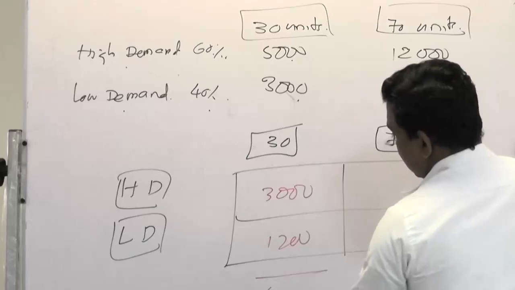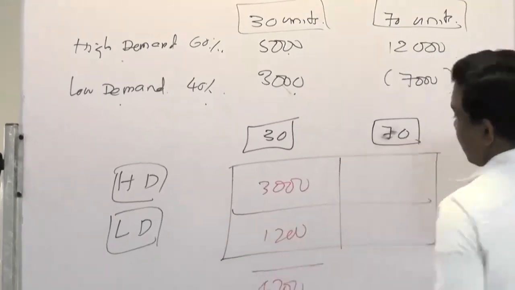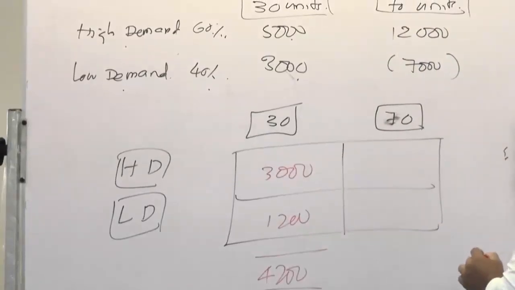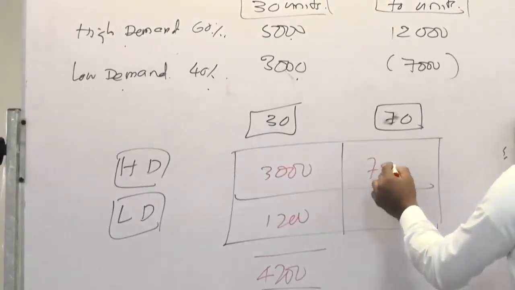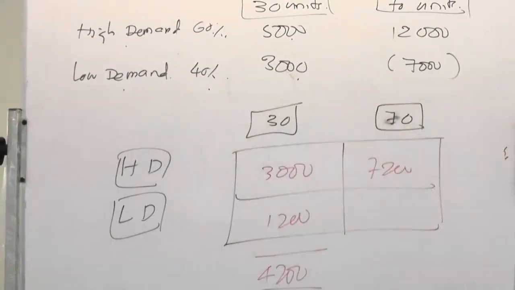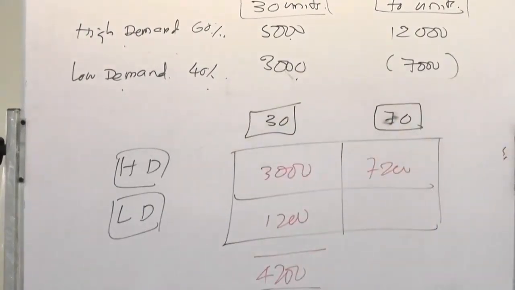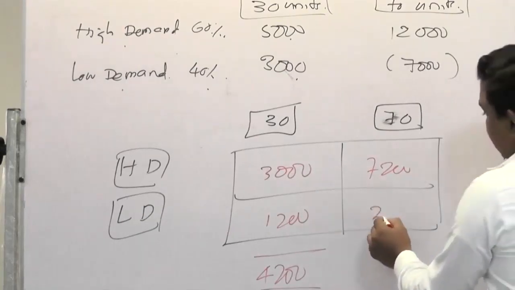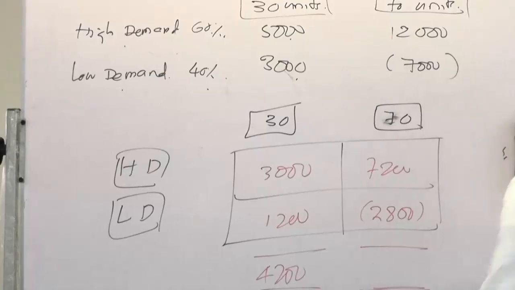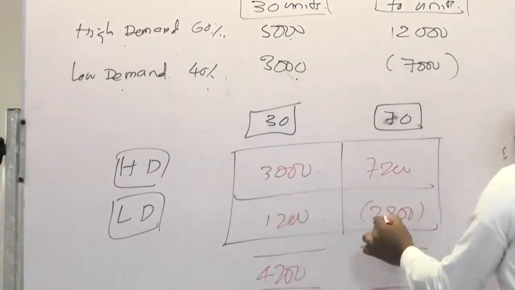Therefore, total 4,200. Here 60% into 12,000 will be 7,200. Then 40% into 7,000 will be 2,800, but it is minus. Therefore, total expected value. Now, these are expected values, right?